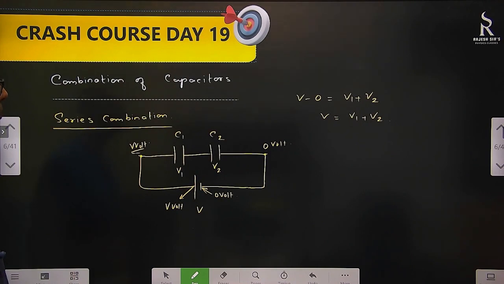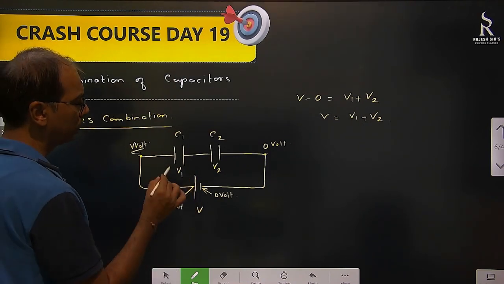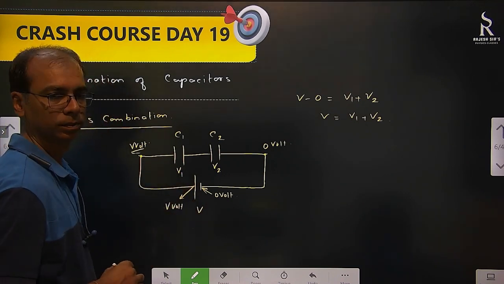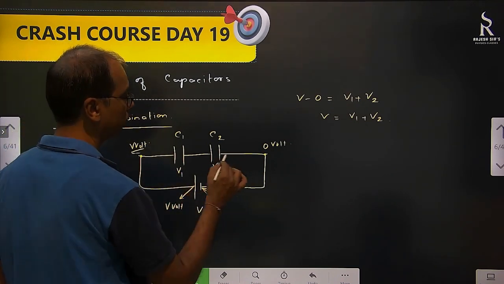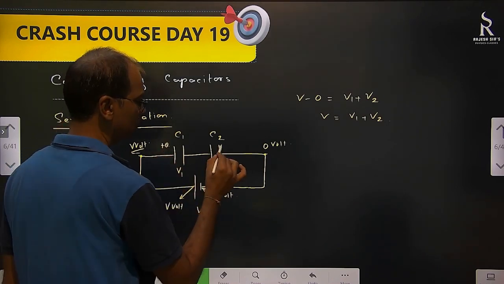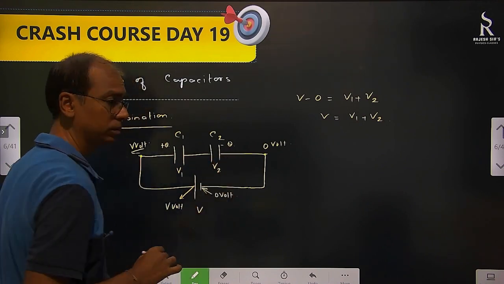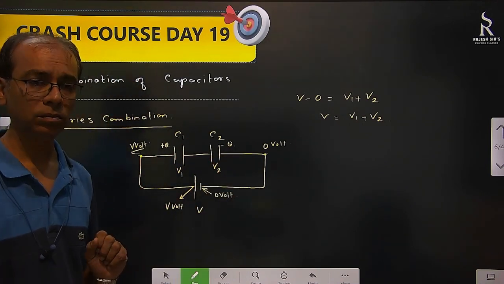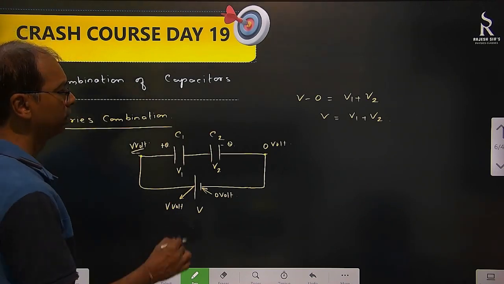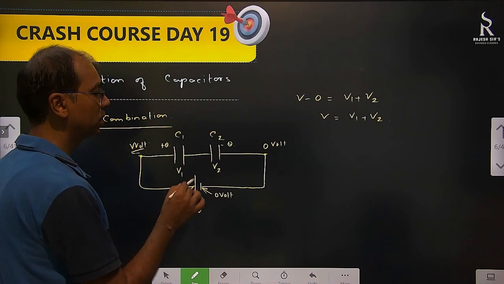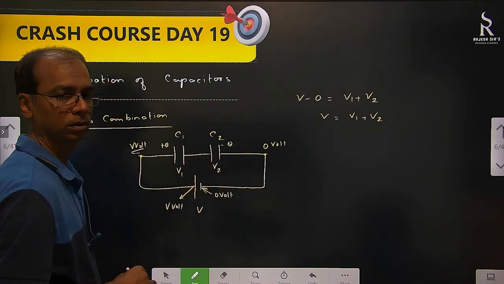Correct? Okay. Now what about the charge? Now when you connected this with the battery, we know that from here electrons will come. Correct? Where will it go? To here. So this will become positive Q. This will become negative Q because of the battery. Then what will happen? From this plate, now this is negative Q, there are excess electrons. So this is going to repel electrons from here.